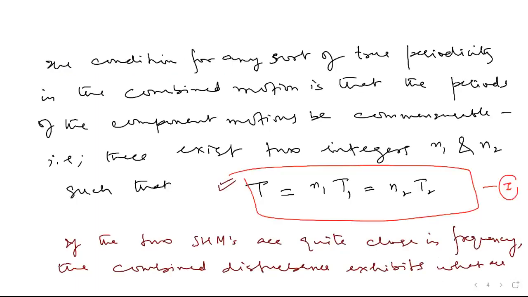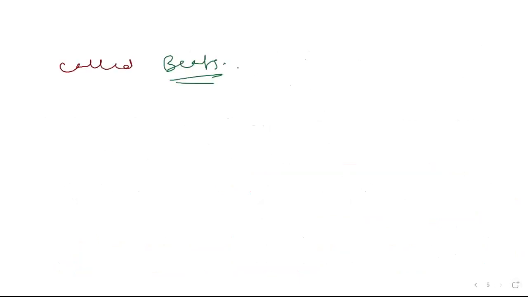I repeat, if the two SHMs are quite close in frequency, that means omega 1 and omega 2 are close, the combined disturbance exhibits what are called beats, right?